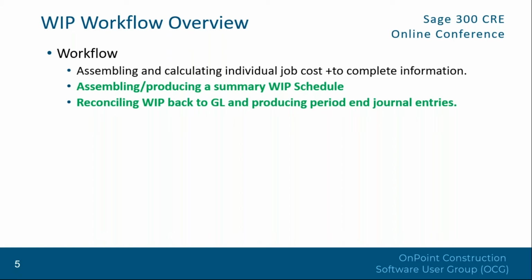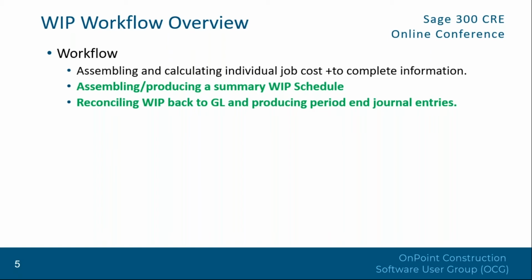Now, if at some point we're going through this and you get lost and it's getting over your head, what I'm going to point out is the very first part, the assembling and producing the summary WIP schedule, is the easier part of what I'm going to show you here.